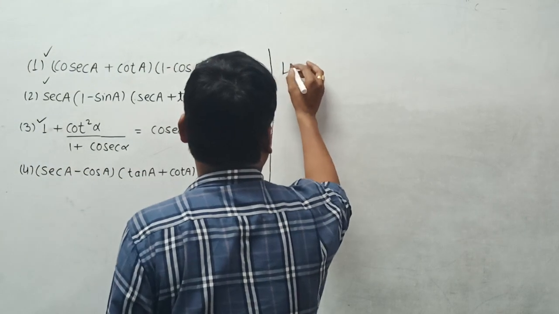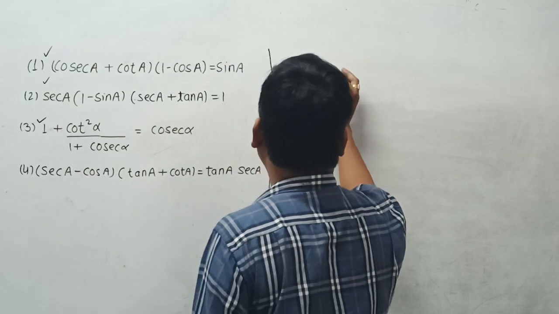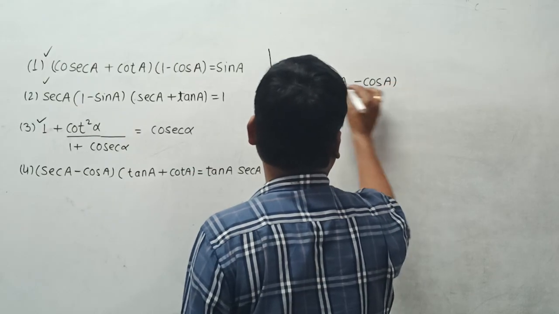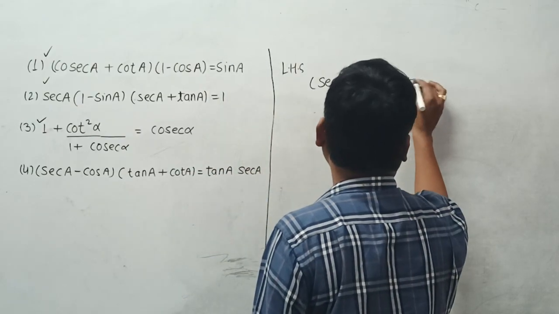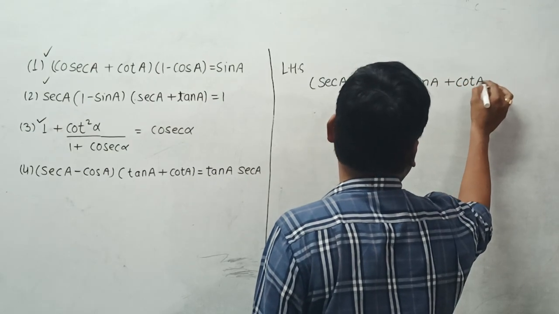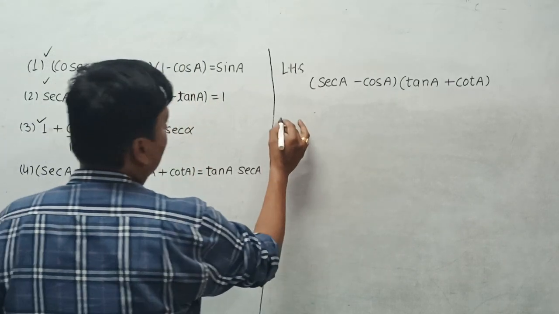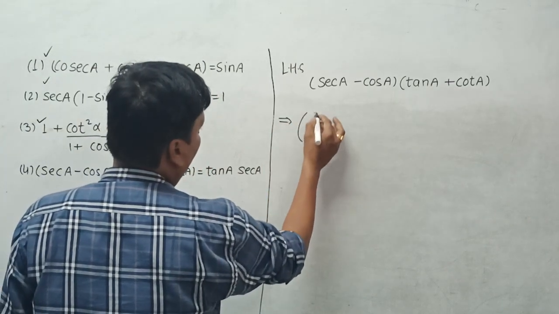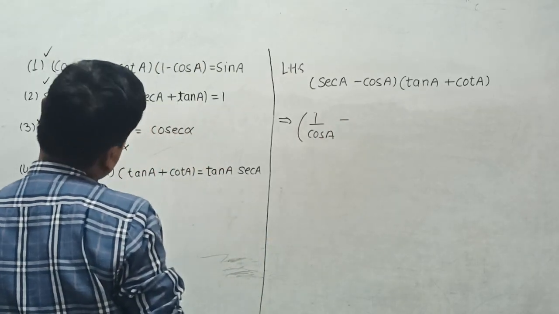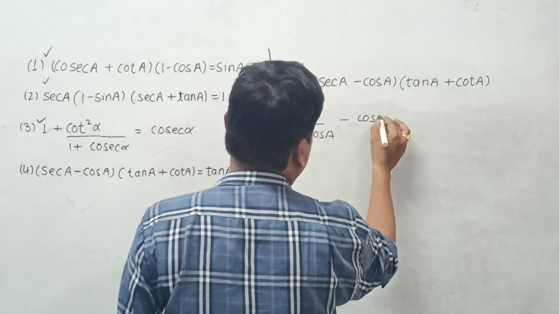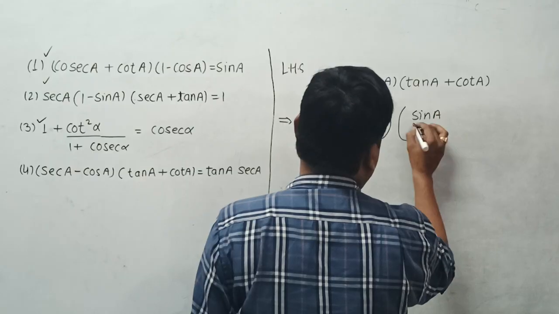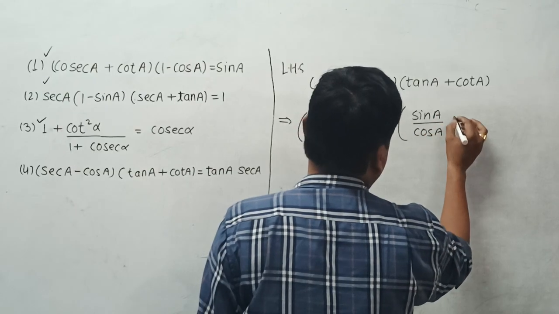Left hand side, sec A minus cos A, tan A plus cot A. Okay. Now we can write 1 upon cos A minus cos A, that is sin A upon cos A, that is cos A upon sin A.